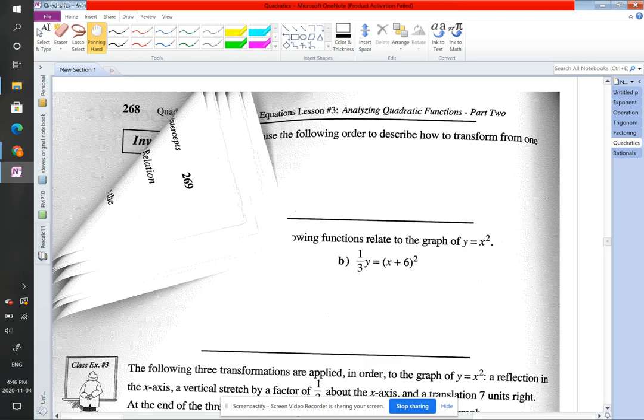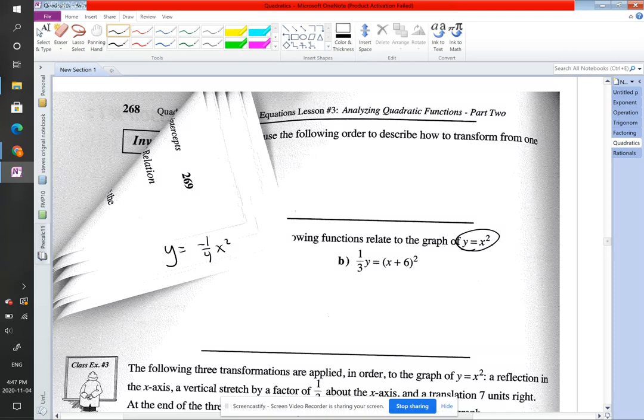So the first equation is, that's funny that happened. The first equation is y is equal to negative 1/4 x squared. So we're going to start with our stretches. Describe how the graphs of the following functions relate to the graph of y is equal to x squared.